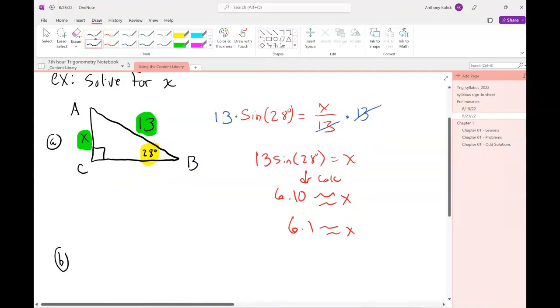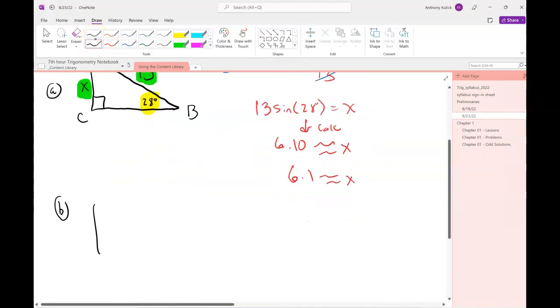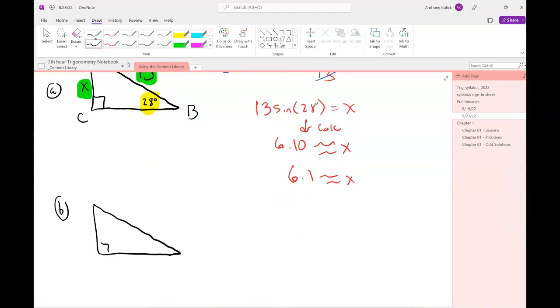Let's do another that's similar to that. That's a 43 if you had trouble reading my chicken scratches.